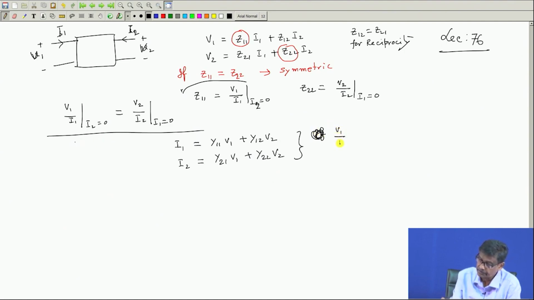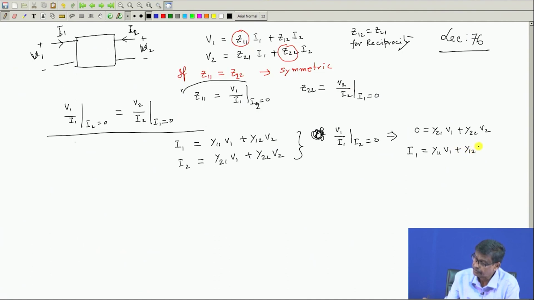Since I2 is 0, the second equation gives 0 is equal to Y21 V1 plus Y22 V2, and the first equation gives I1 is equal to Y11 V1 plus Y12 V2.